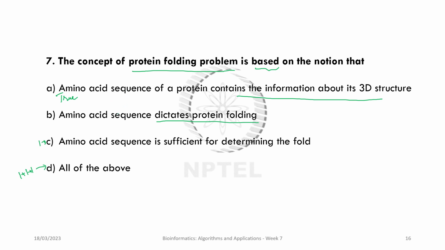Although different amino acid sequences could give rise to the same protein fold, the problem is based on the notion that if you have conserved regions or amino acid sequences between different proteins, it is more likely that they will adopt a similar fold. Right? So, this is also true. Amino acid sequence is sufficient for determining the fold. Again, true. So, all these notions were the basis for the protein folding problem. Therefore, option D is right.